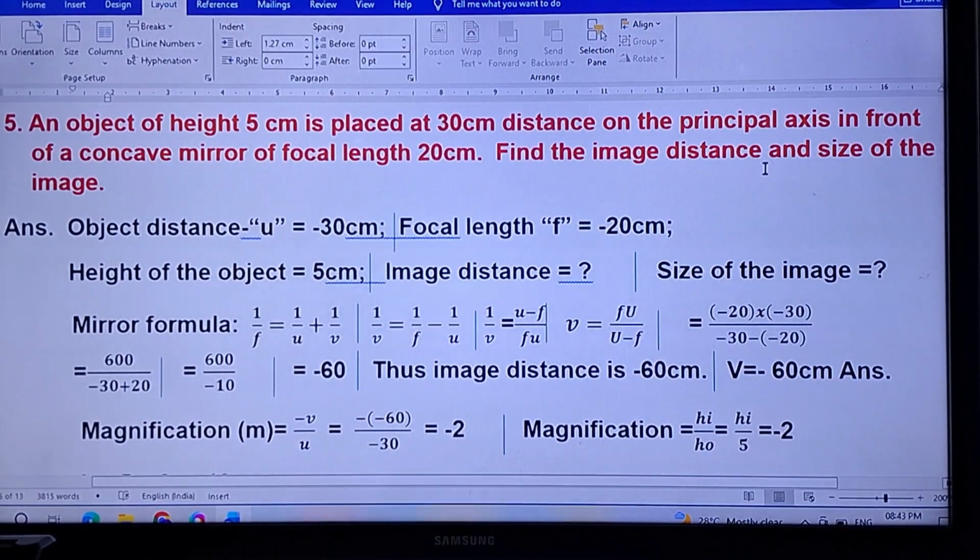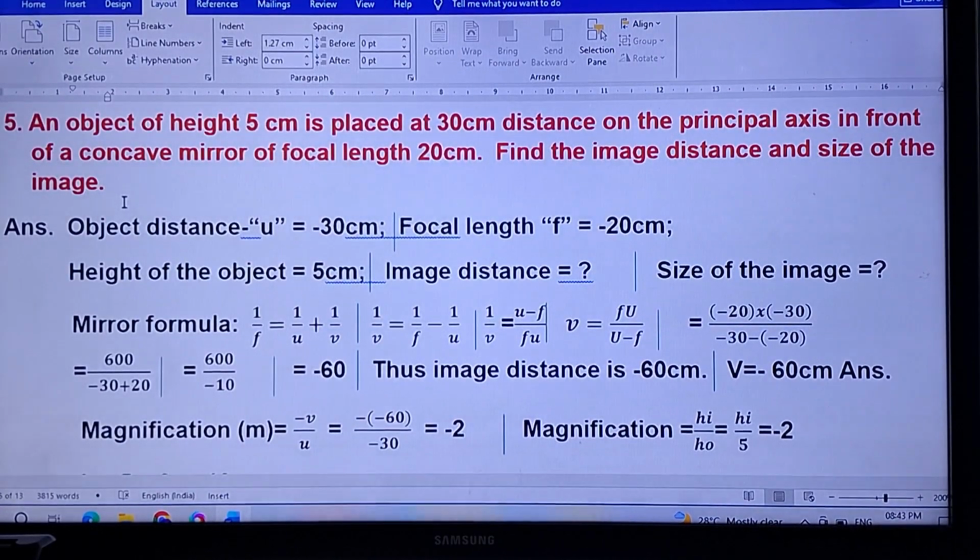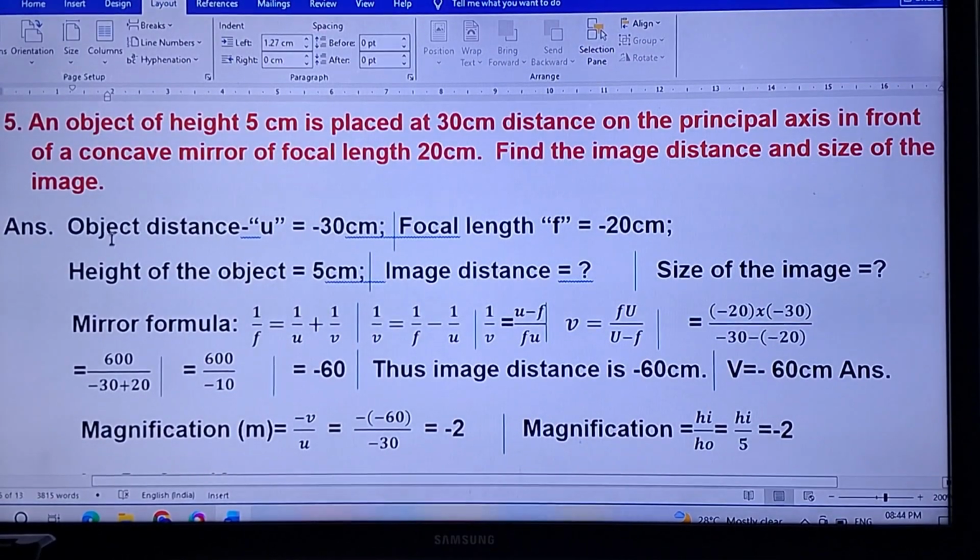Then find the image distance and size of the image. You need to find at which distance the image is formed, that is the image distance, and what is the size of the image that is formed.